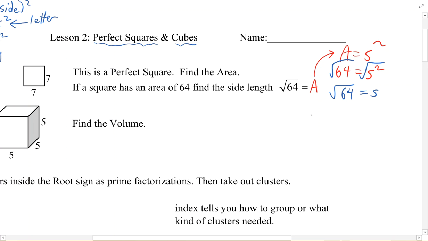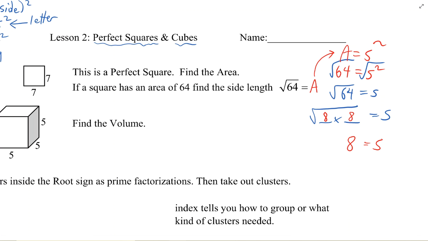What we're asking here is, what two numbers that are the same multiply by themselves to give you 64? Your answer is 8 and 8, and you know that because you probably have it memorized. So what does this symbol mean? It means the answer is 8. It's the number that's multiplying by itself to get 64.